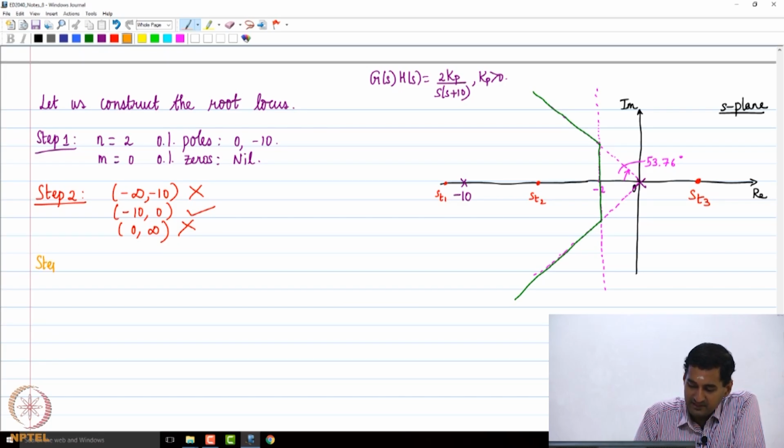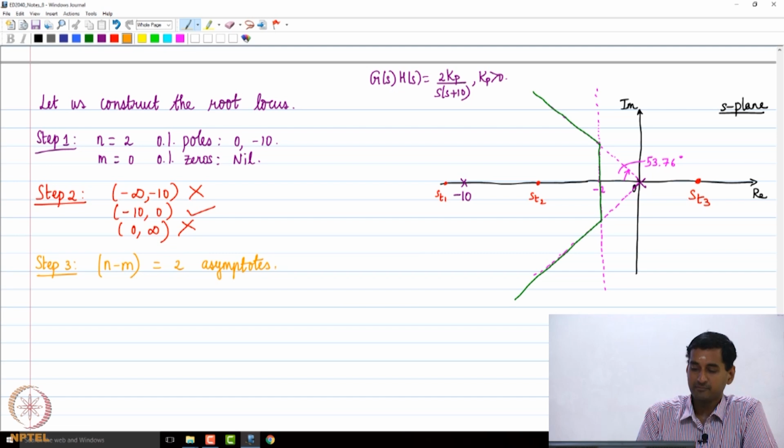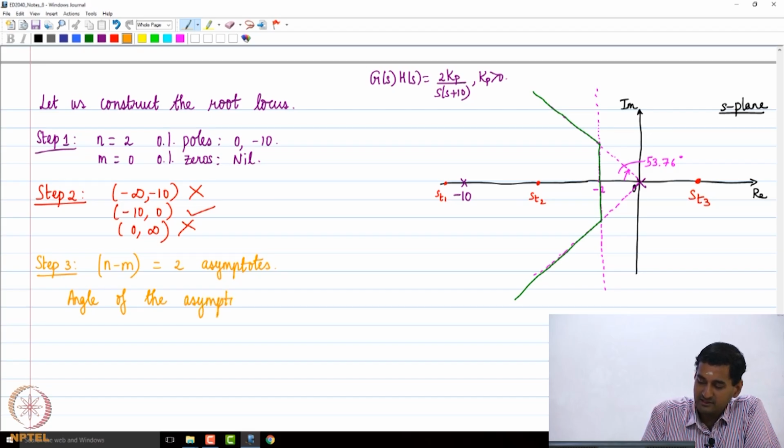So, what is step 3? Step 3 is essentially figuring out asymptotes. So, we are going to have n minus m, which is 2 here. So, there are going to be 2 asymptotes in this particular problem. The angle made by the asymptotes with the real axis is going to be plus or minus 180 degrees times 2k plus 1 divided by n minus m.